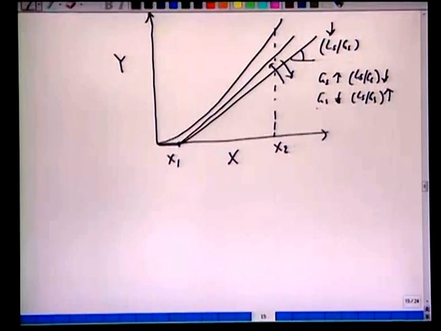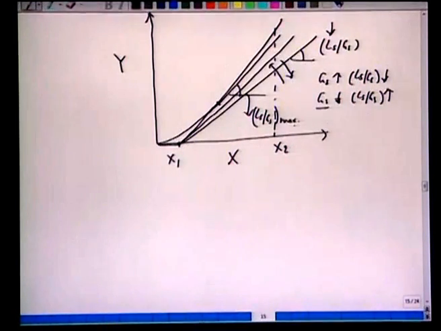So suppose the slope moves in this direction with decreasing GS. Look at the movement of the slope till there is a point when it makes a pinch here. This point where it makes a pinch will give us LS by GS which is maximum. Make a note here: LS is the numerator, GS is the denominator.